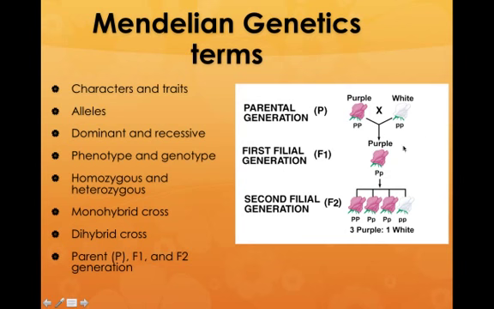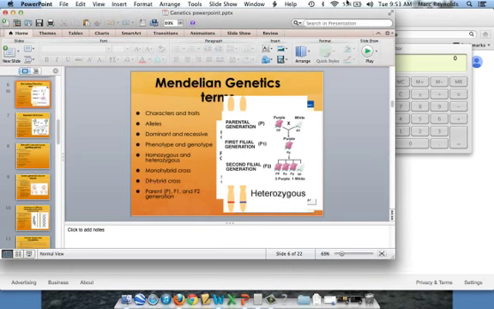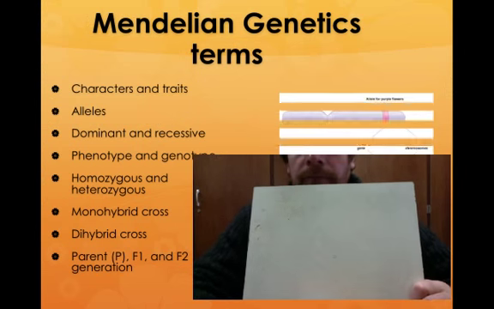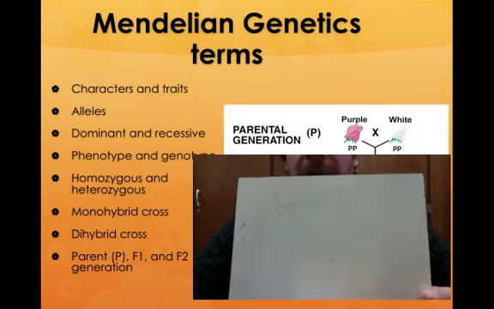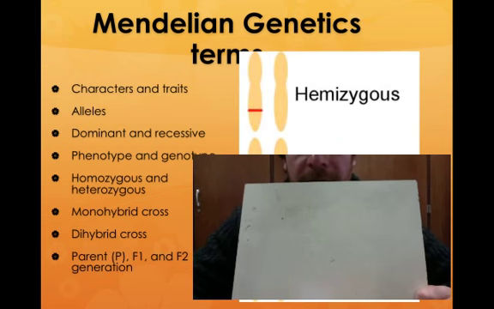But if we take these organisms and we cross them, we have a bunch of different allele combinations that can be shown. So we're talking about the monohybrid cross here. Let's go to the next one.